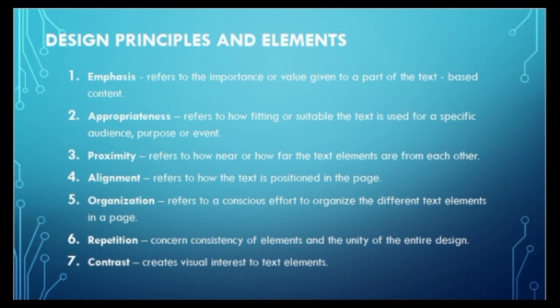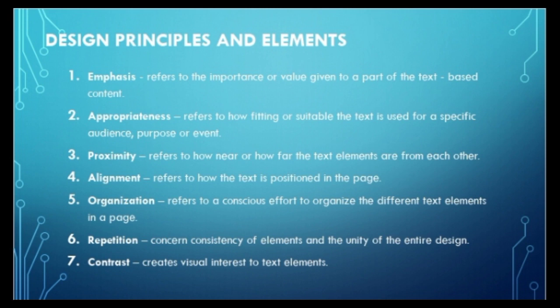The first one is the emphasis. It refers to the importance or value given to a part of the text-based content. So when trying to make a point or highlighting a message, you can make the text bold, italicized, have a heavier weight, darkened, or lightened, depending on your background color, or enlarged.